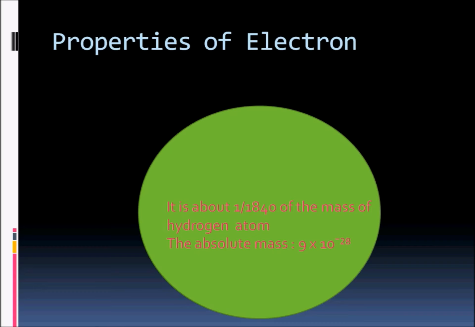So we conclude that the mass of an electron is about 1 by 1840 of the mass of a hydrogen atom, which is actually the lowest mass of atom. Since the mass of a hydrogen atom is 1 AMU, we can also say that the relative mass of an electron is 1 by 1840 AMU. And the absolute mass is 9 into 10 to the power minus 28 grams.